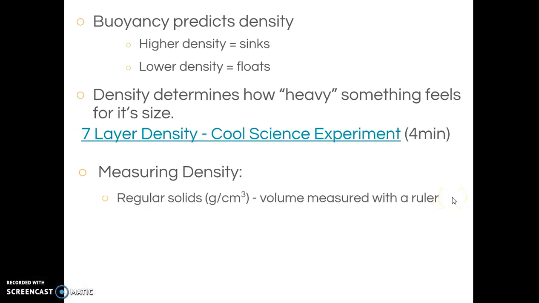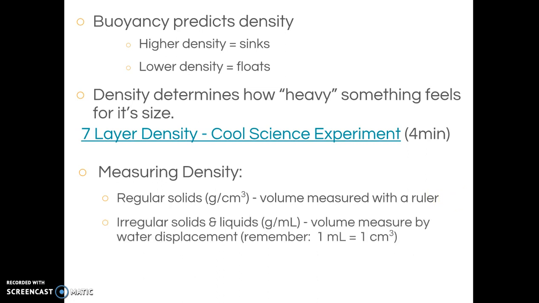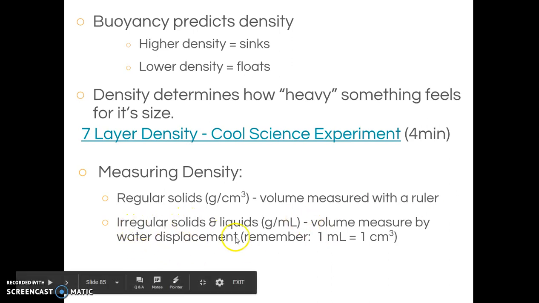How do you measure density? For regular solids, you just measure the volume with a ruler, so length times width times height, and you can find the grams by using a balance. If you have an irregular shaped solid, you can't use length times width times height. Or if you have a liquid, you've got to use milliliters. So you've got to use the water displacement method, where you subtract the starting amount of water from the new volume of water, and what you're left with, how much it rose, is the volume of that particular irregular solid.